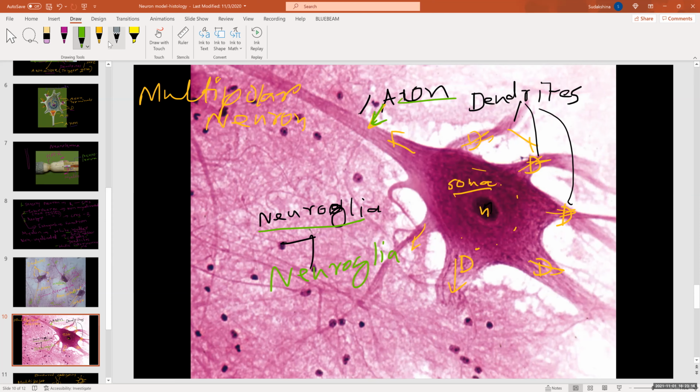And this is axon. This type of neuron is referred to as multipolar neuron. Multipolar meaning many poles. Each branch is a pole. Axon is a pole too. So this is referred to as multipolar neuron.